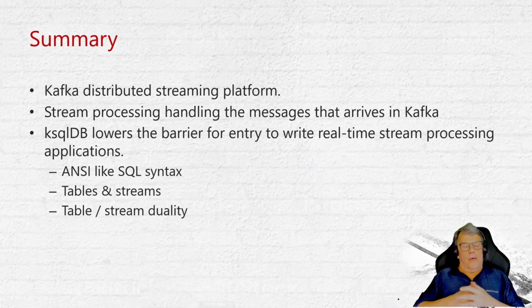We are talking about tables and streams. A stream is immutable. A table is mutable, as we have seen. And we're talking about the table and stream duality, where we can create a stream from a table, and we can create a table from a stream.